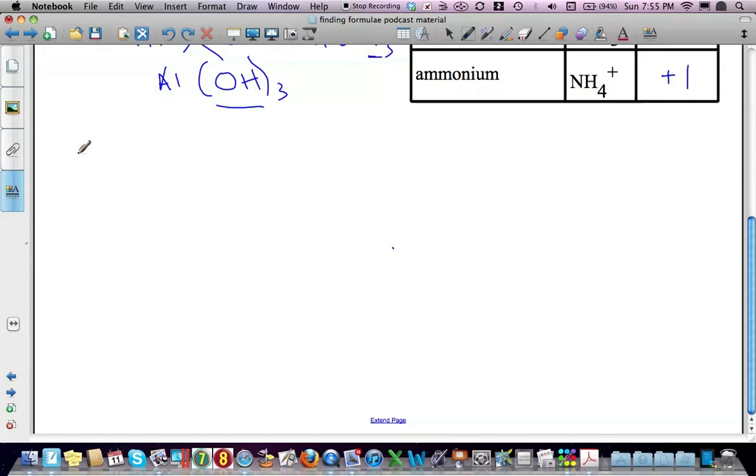Here's some more examples. Let's do iron 3 sulfate. You can do these now.